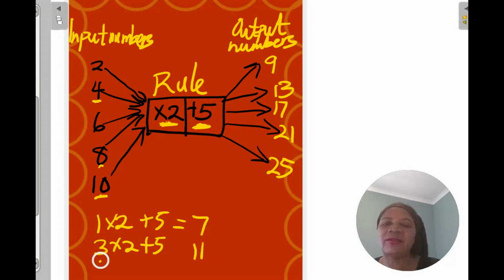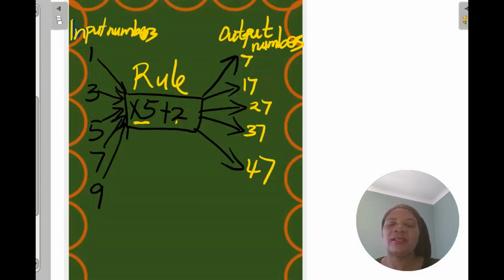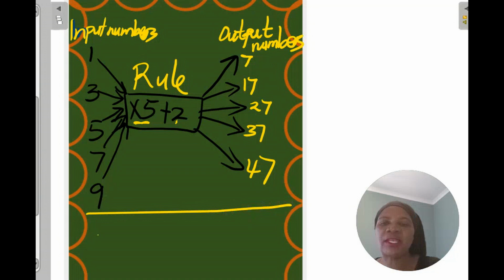The next one will be 5. 5 multiplied by 2, which is 10, plus 5, which is 15. What about if we have 9? Then we want to see if it is the same. The last one, 9 multiplied by 2 plus 5, which is 18 plus 5, 23.